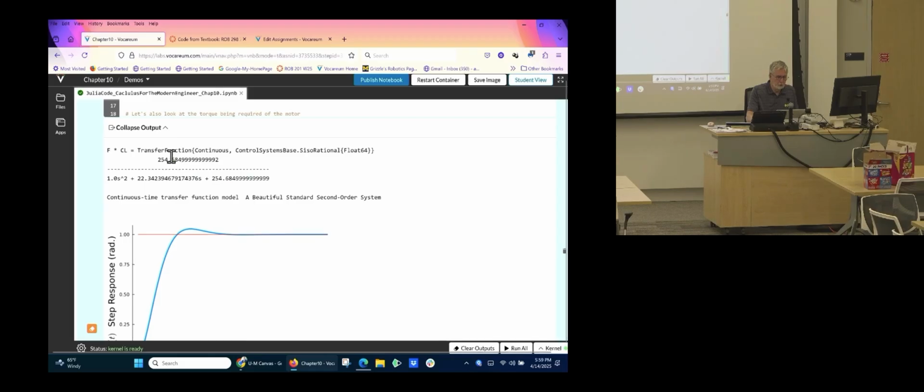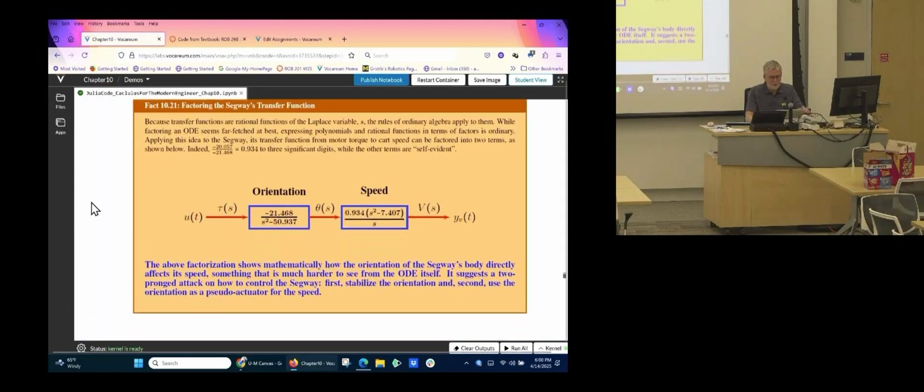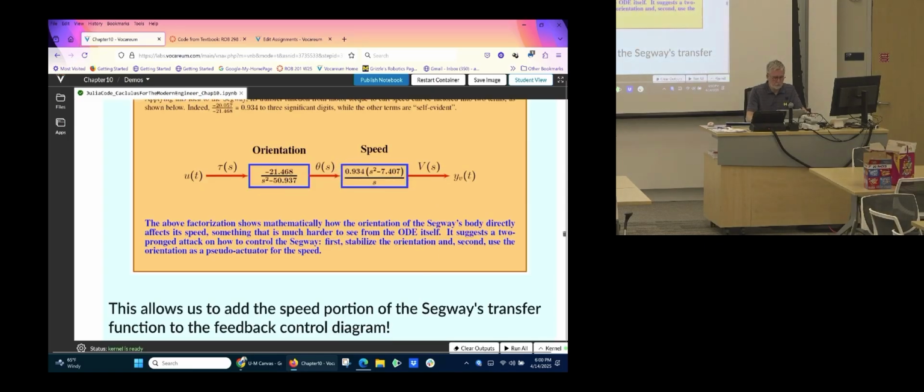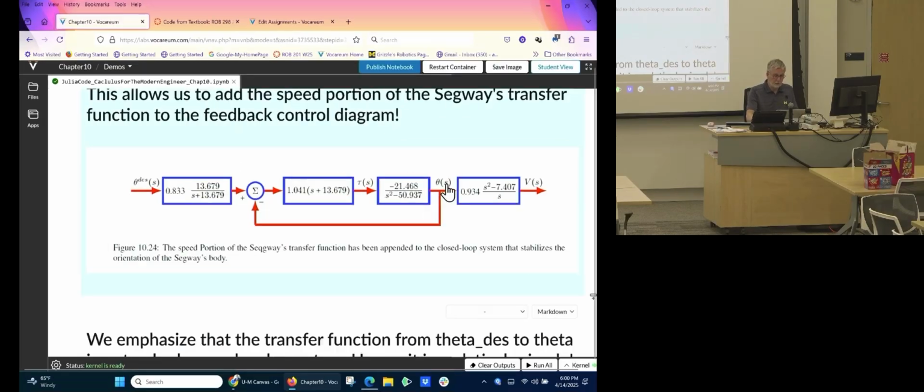This number and this number are equal, and when S is 0, that's the DC gain, it's 1. Okay, so now this is the transfer function, so we get to do this. Okay, so this is just controlling the lean angle.